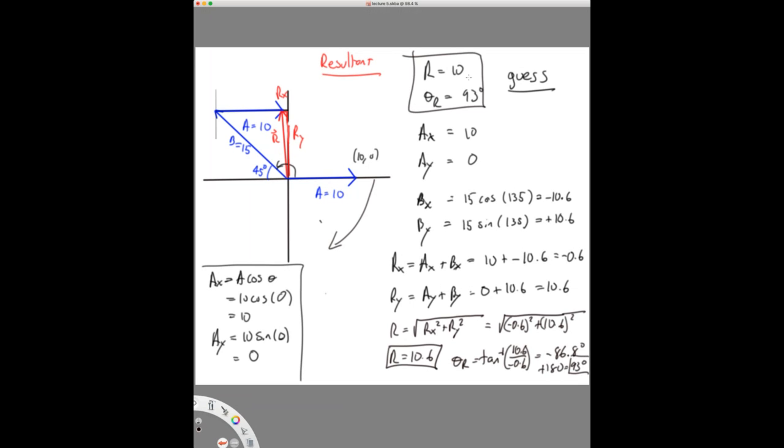I would think, okay, I'm doing the right thing. But by making a guess up front, if I'm thinking the angle should be 93 degrees and I got minus 86.8, that tells me something's wrong. And the something wrong in this case is the calculator again. All right. Any questions about that?